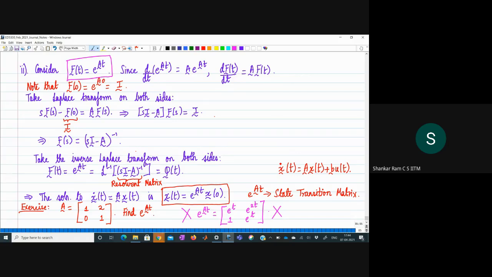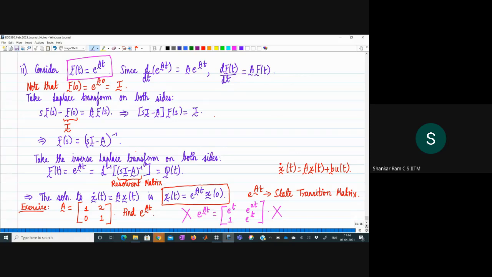That's not going to be the correct answer at all. That's why we need to evaluate this resolvent matrix and take its Laplace inverse to get the correct answer. So please try that as an exercise problem.